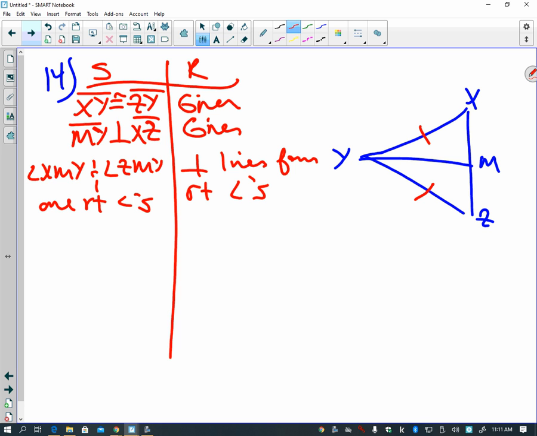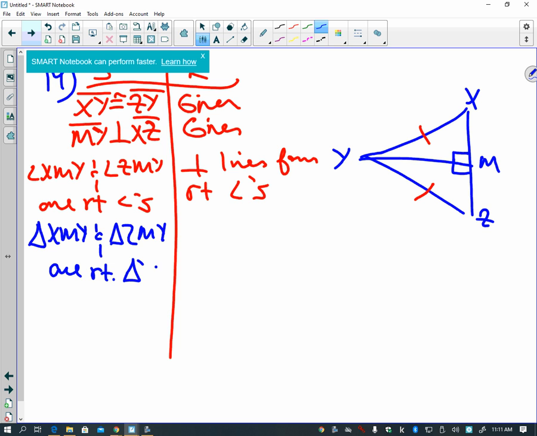The next thing, now I can state that triangle XMY and triangle ZMY are right triangles.